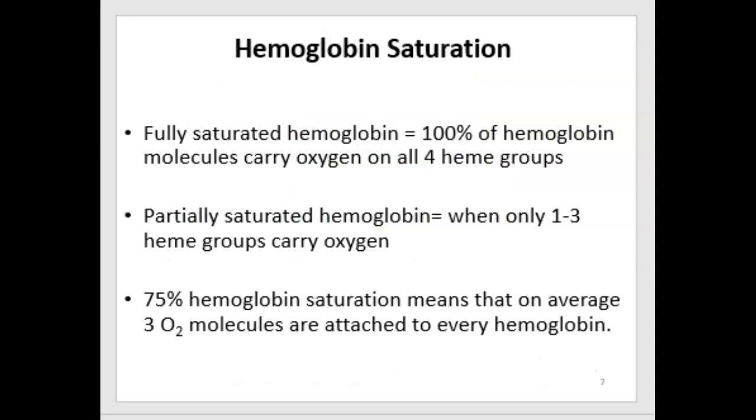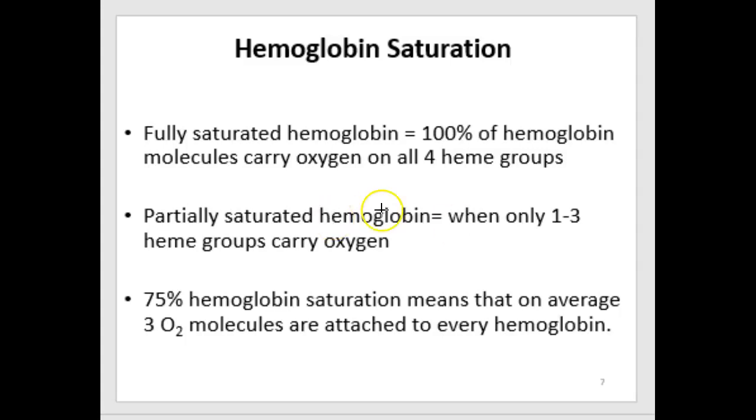We're going to discuss hemoglobin in terms of saturation, how much hemoglobin in your body is saturated with oxygen. And when we do that, think of just 1 hemoglobin molecule as representing all of the hemoglobin molecules in your blood.